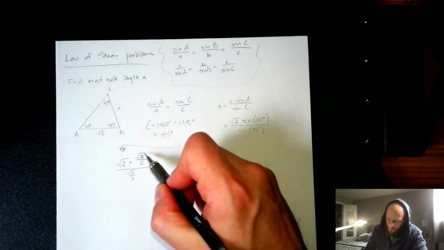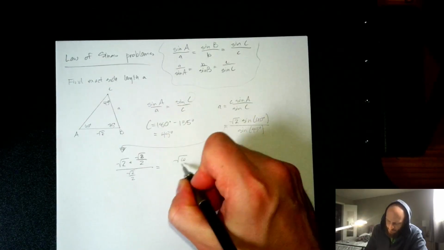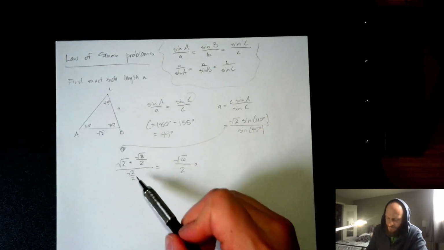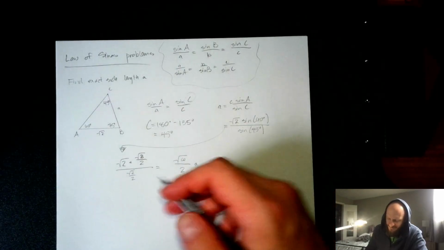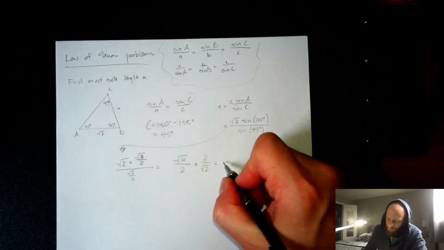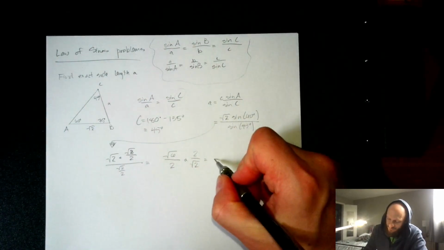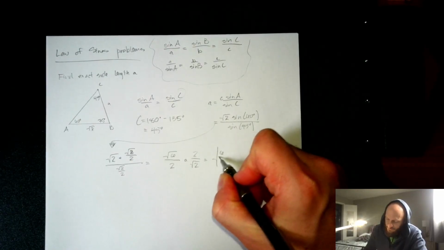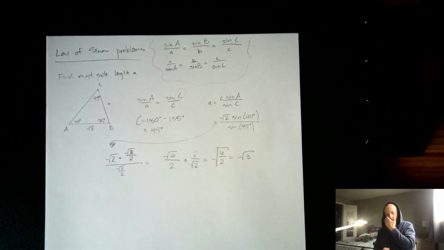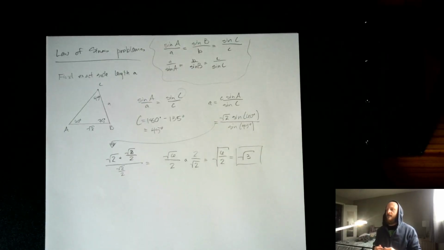Working this through, this root 2 gets pushed into the top, so it's going to end up being root 6 over 2, all of that divided by root 2 over 2, but that's the same as multiplying by 2 over root 2. The 2's cancel, so this becomes root 6 over root 2, which is the same as combining them under the root: the square root of 6 over 2, which is root 3. All right? So that should be the solution there.